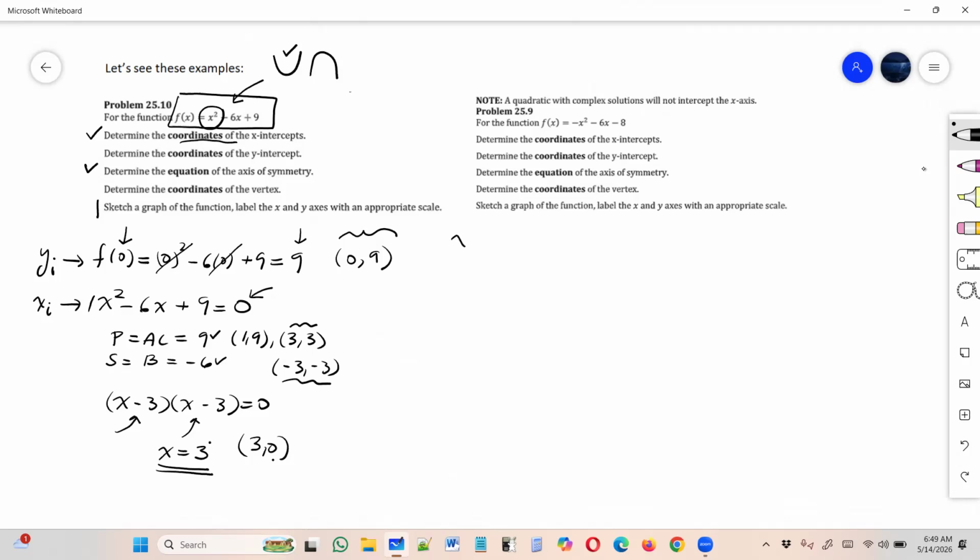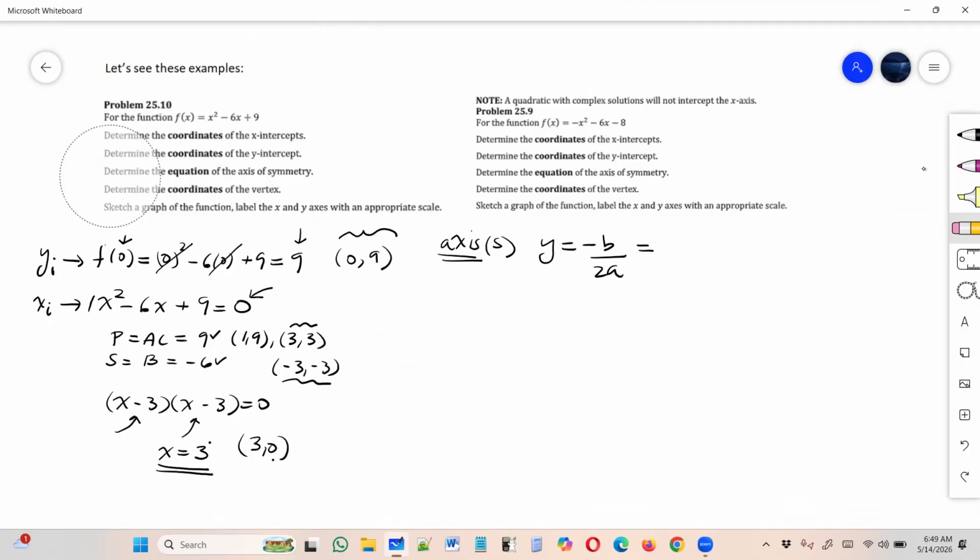Axis of symmetry. Y equals minus b over 2a. That's it. That's the equation. Now, how do I find a, b, and c? Again, it's from the equation or from the function, more specifically.